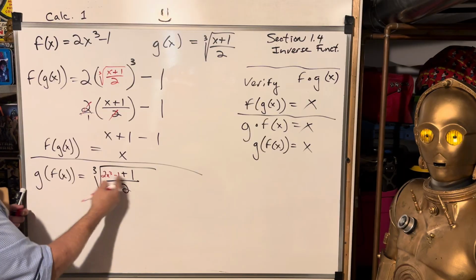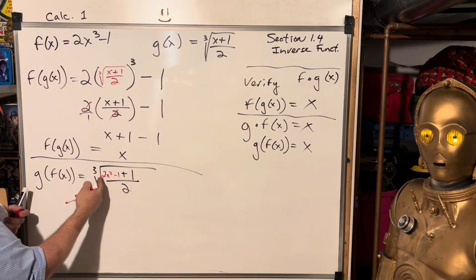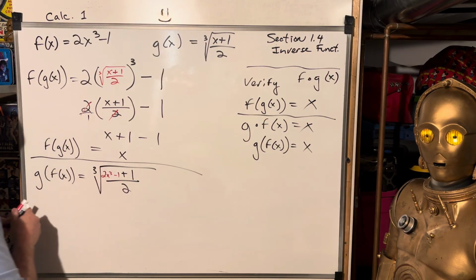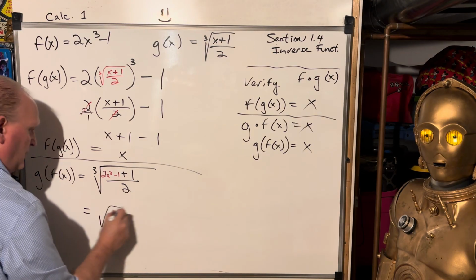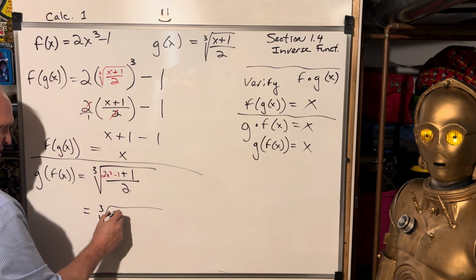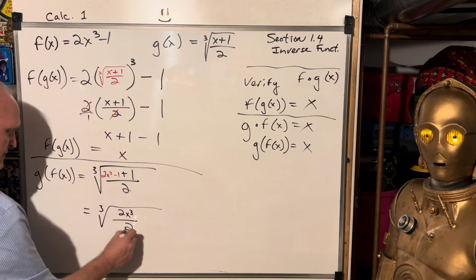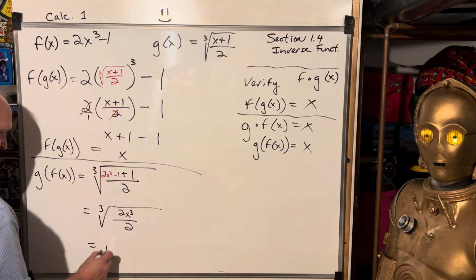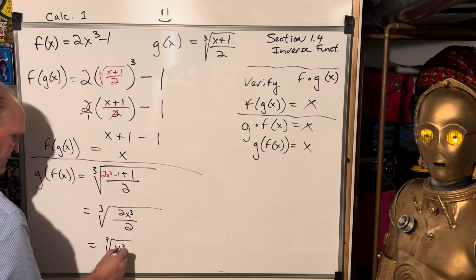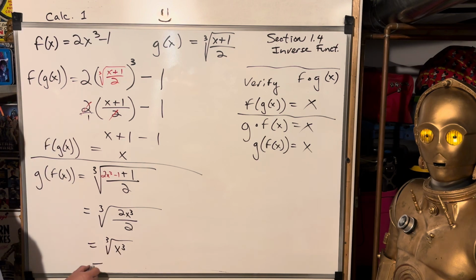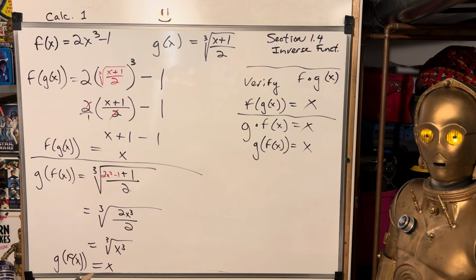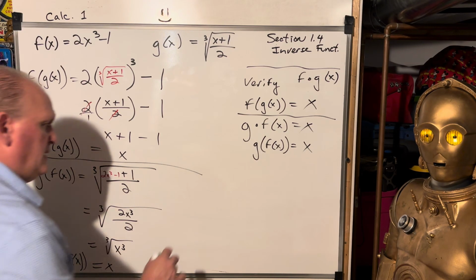You can put parentheses around it, but really the first thing I'm going to do is drop the parentheses. Nothing happening there. So now on the numerator I combine the like terms. Then I reduce the 2's. And then I take the cube root of x cubed. And voila. So if f of g of x equals x and g of f of x equals x, then f and g have an inverse relationship.